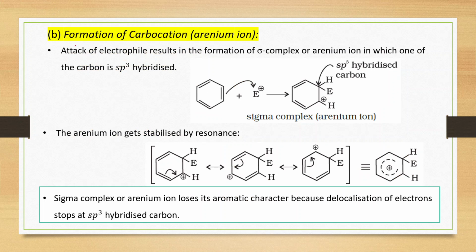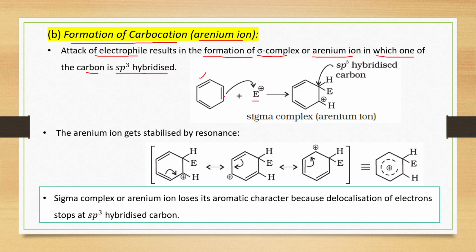Now in the second step, formation of carbocation. This carbocation is also known as arenium ion. Attack of electrophile results in the formation of sigma complex or arenium ion, in which one of the carbons is sp3 hybridized. Now see, this is benzene ring, this is electrophile. Now in the presence of electrophile, the pi electrons of one of the double bonds will shift, will translocate.